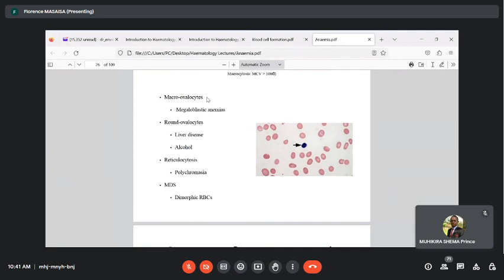Then round macrocytes may be seen in liver disease, alcohol, and so on. We also have an increase in reticulocytes; we see the reticulocyte is larger. You may also see it in myelodysplastic syndrome, meaning that the bone marrow is failing to produce normal cells, either morphologically or in number. So those are the myelodysplasia cells.